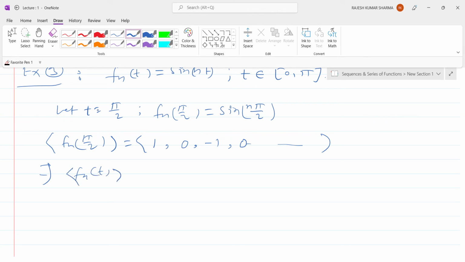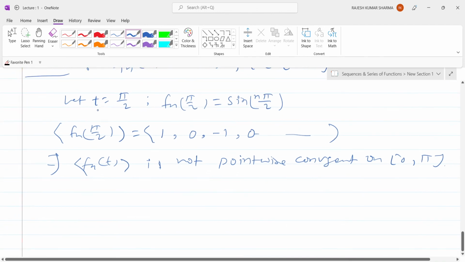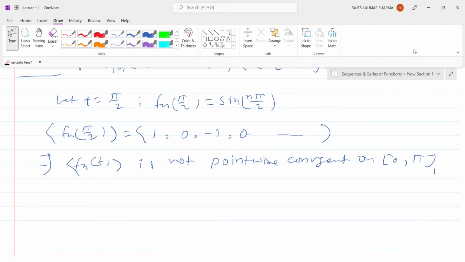That means we can say that the sequence fn(t) is not pointwise convergent on 0 to pi, because pi by 2 belongs to this interval 0 to pi. Okay, thank you.